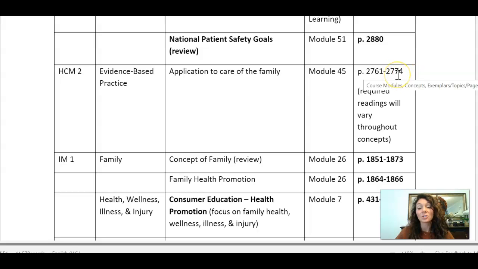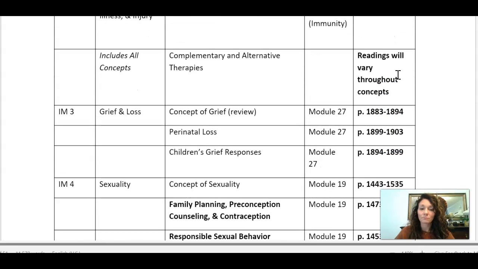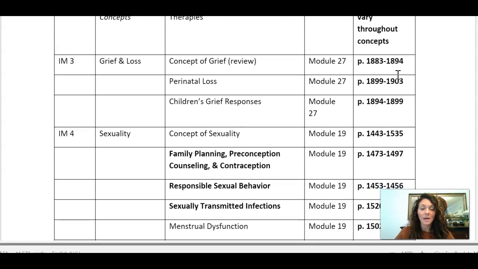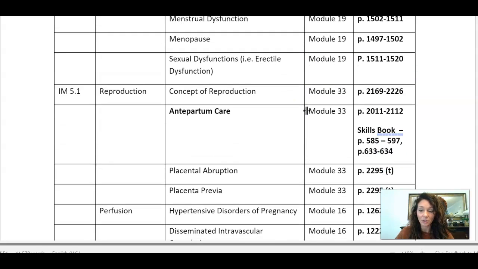So they are just an additional resource for you to further your learning. Okay. As you go down, you can see that the concepts change. IM stands for individual module. Again, you'll see the exemplars, what the concept is, and page numbers. Okay, again, the bolded page numbers are required readings.